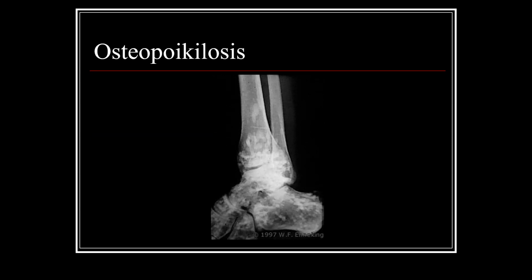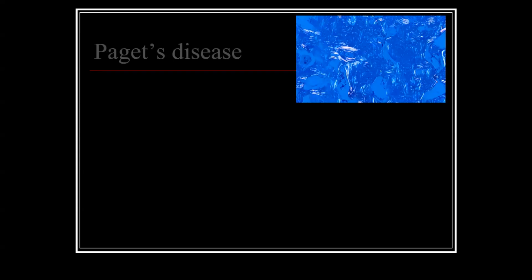And this is a disorder that presents with multiple hyperdense bone islands, usually around a joint. And these are sometimes associated with the Buschke-Ollendorff syndrome, which is a heritable, I think, autosomal dominant disorder that is fairly uncommon, but has this very unique radiographic appearance.